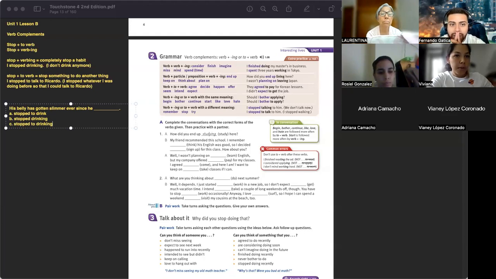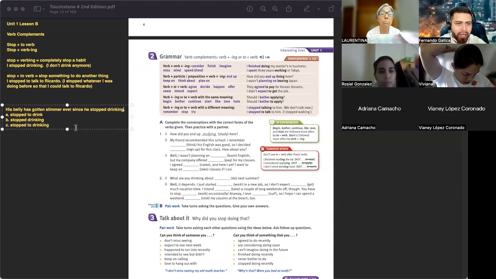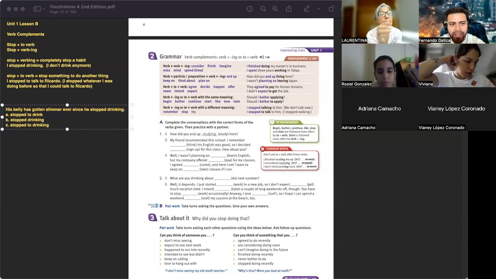What's the correct answer? B. Very good. Ha adelgazado desde que paró de tomar. His belly has gotten slimmer ever since he stopped drinking. Le ha bajado la barriga. Okay. His belly has gotten slimmer ever since he stopped drinking.